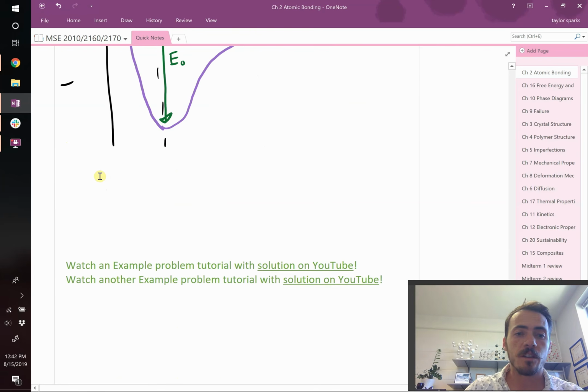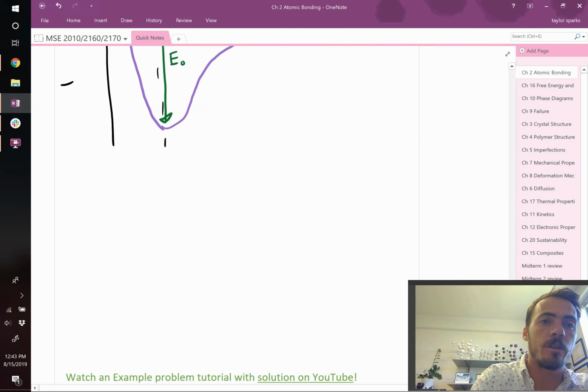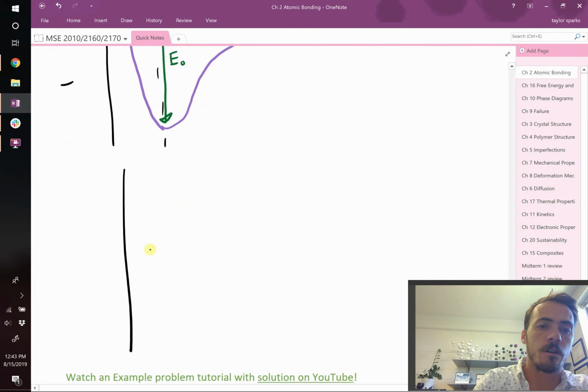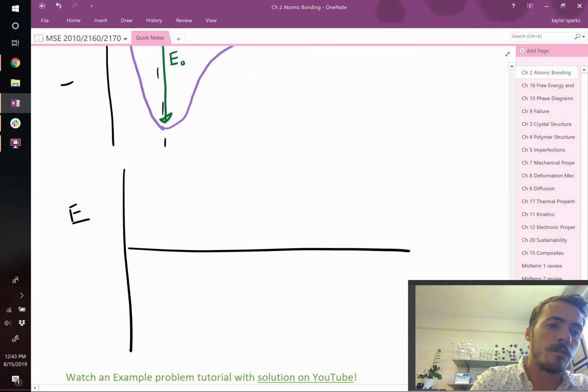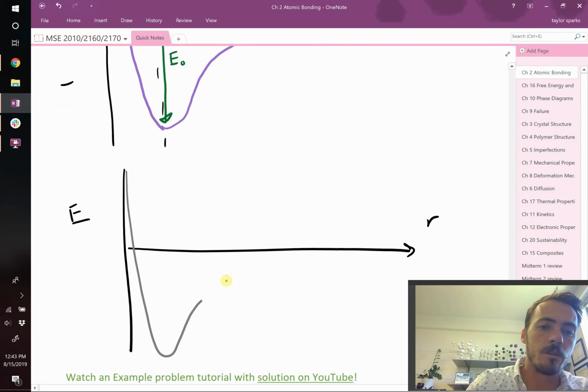Other things it can give us is really cool stuff like thermal expansion. Here, let me draw another one of these. I'm going to draw it with a couple different materials. You tell me which one's which. So again, this is energy versus separation distance. I'm going to draw 3 curves here. One looks like this.